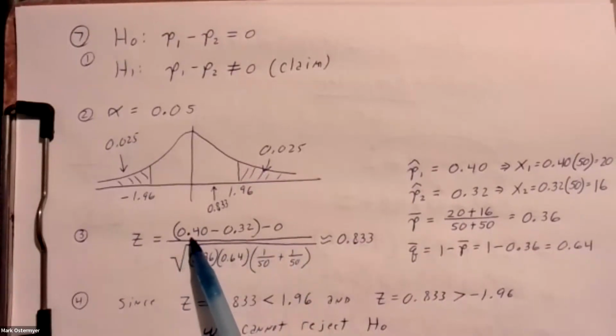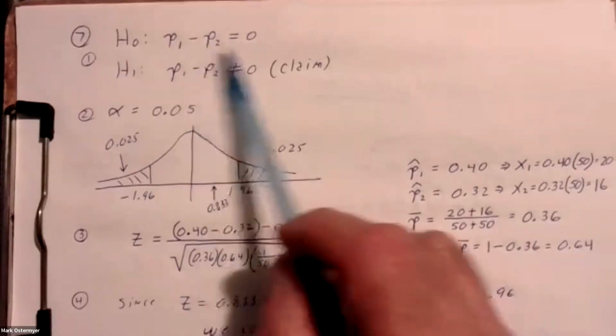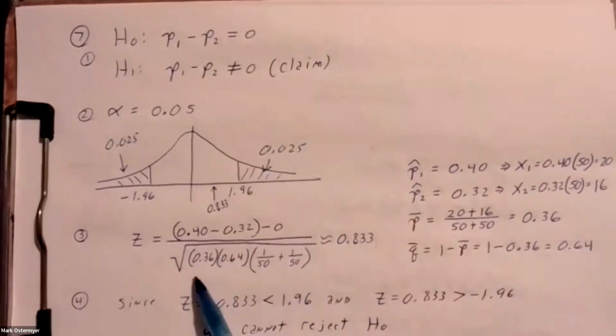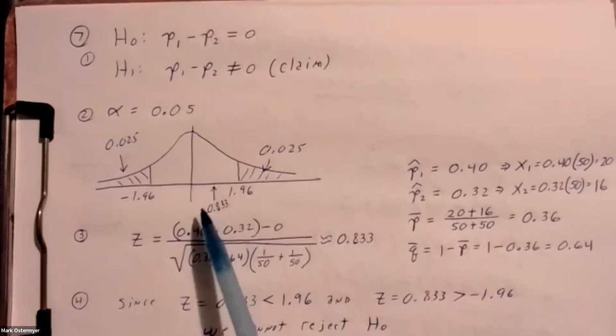This is p sub 1 hat minus p sub 2 hat minus the purported difference between the population proportions of the null, divided by the standard error of the sampling distribution, which is to say the square root of p bar times q bar times 1 over the sample size 1 plus 1 over sample size 2. Dial this up, you get 0.833 about for your test statistic.